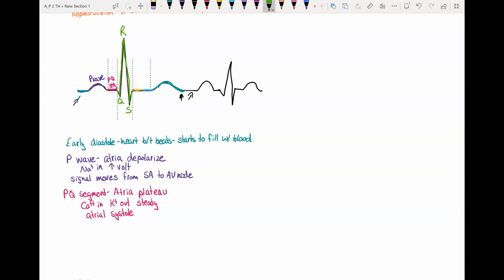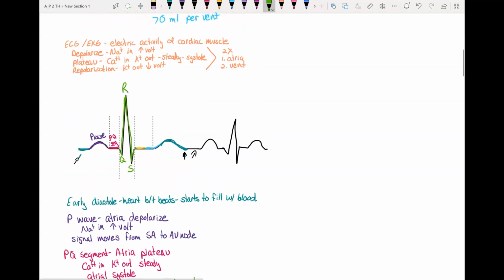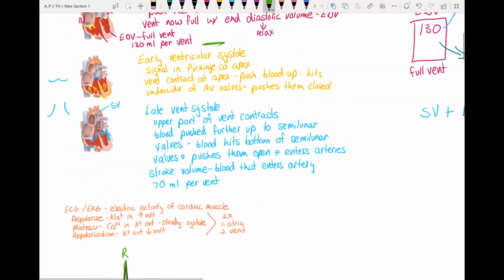So this is called the QRS complex. This is when the ventricles depolarize. So now in the ventricles you have sodium in and voltage going up. Then next you have the ventricle systole.